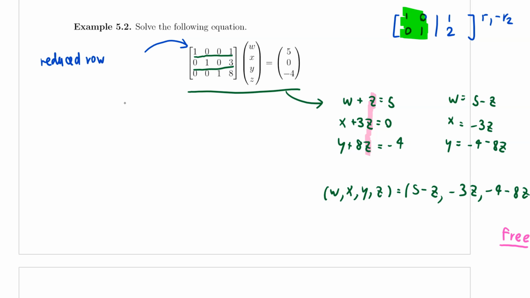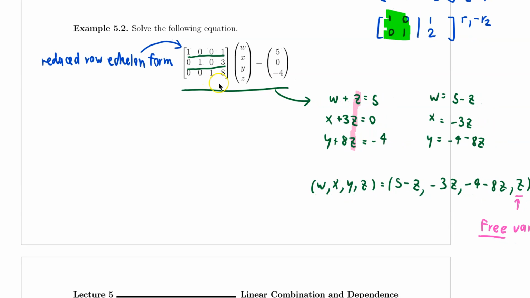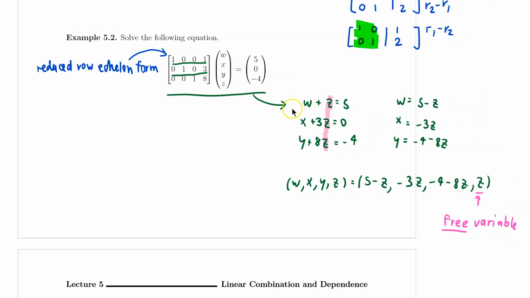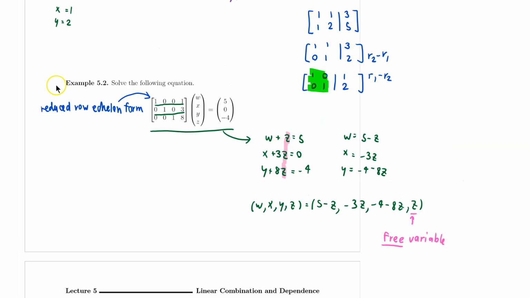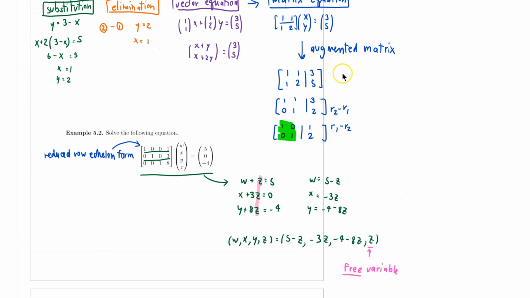Whenever my matrix is in reduced row echelon form, that makes my life simple, and I can find the solutions to my equation quite easily like this. So the goal for using Gaussian elimination to solve the systems of equations that we have seen earlier is to reduce the matrix into this form.